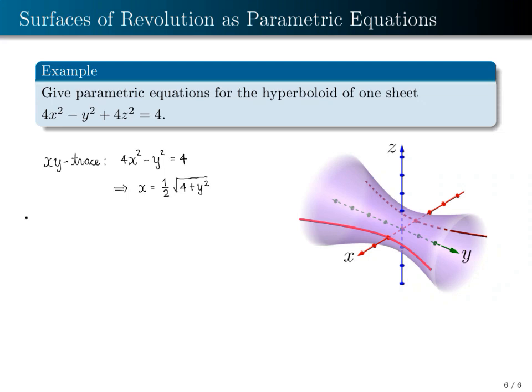Therefore, parametric equations for the hyperboloid are x equals 1/2 square root of 4 plus y squared cosine of theta, because our plane curve is x equals 1/2 square root of 4 plus y squared, and so f of y here is 1/2 square root of 4 plus y squared. y equals y, and z equals 1/2 the square root of 4 plus y squared sine of theta.